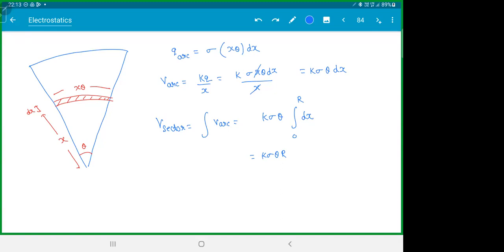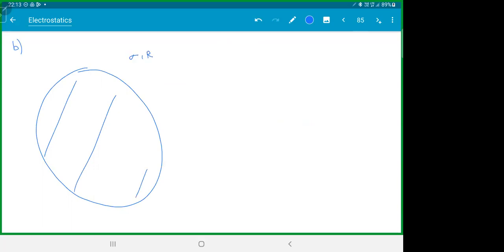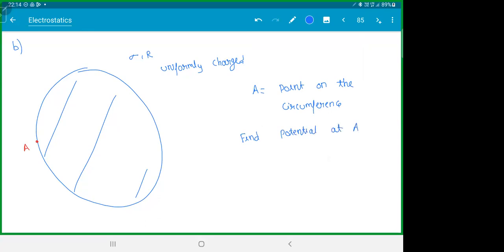Now, the actual question is this. We got a disk, sigma, radius r, uniformly charged. A is the point on the circumference. Find the potential at point A. This is an advanced question. Find the potential at point A. Let's get this.